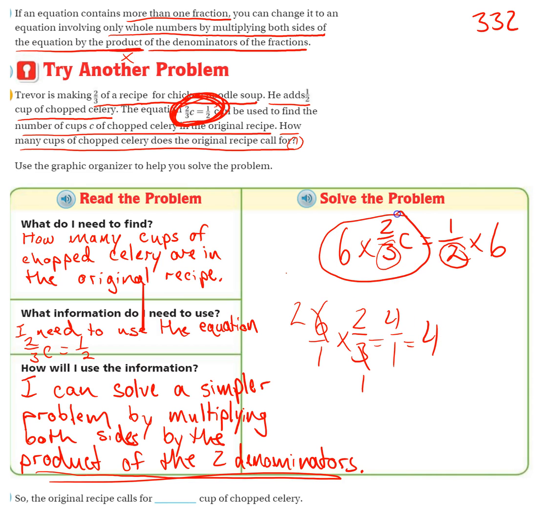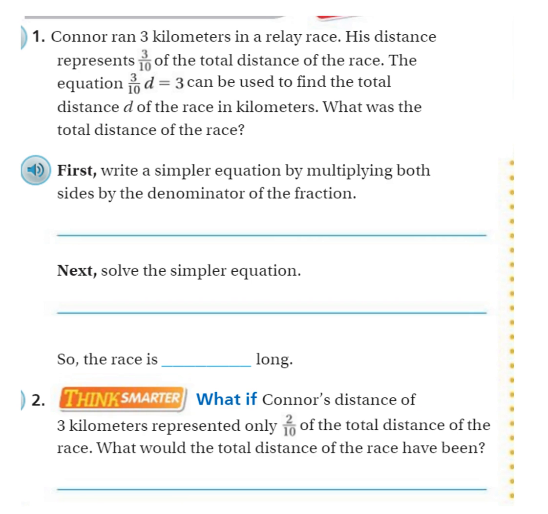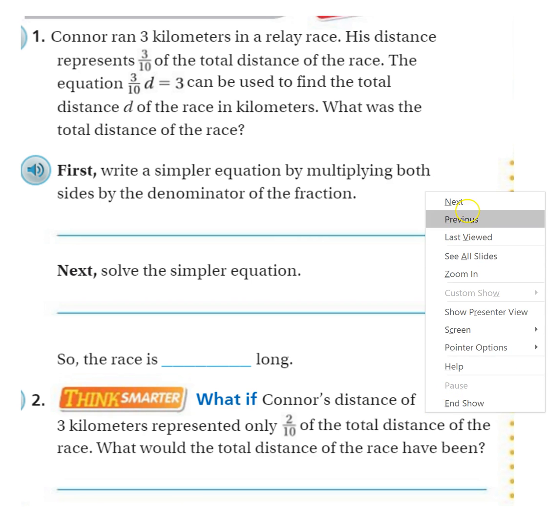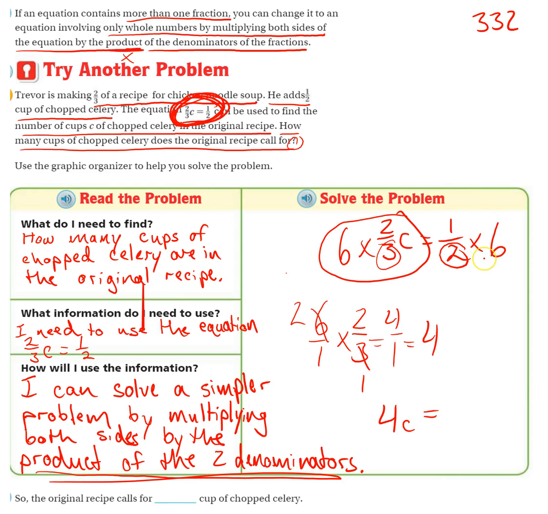So now for this side of the equation, I have 4C equals, and this side of the equation, 1/2 times 6/1. Again, I can cross simplify. 2 goes into 2 one time, 2 goes into 6 3 times. That gives me 3/1, which equals 3. So on the other side of the equation, I have 3.